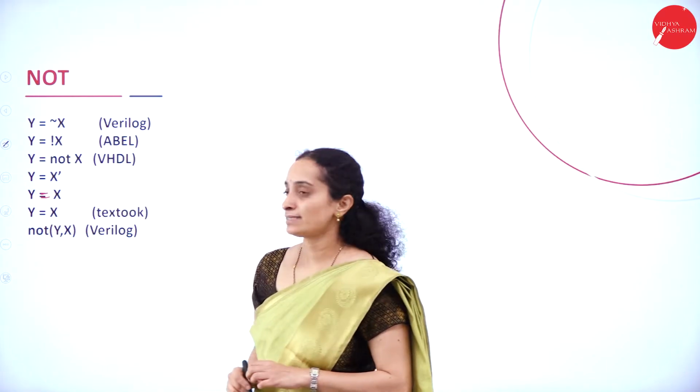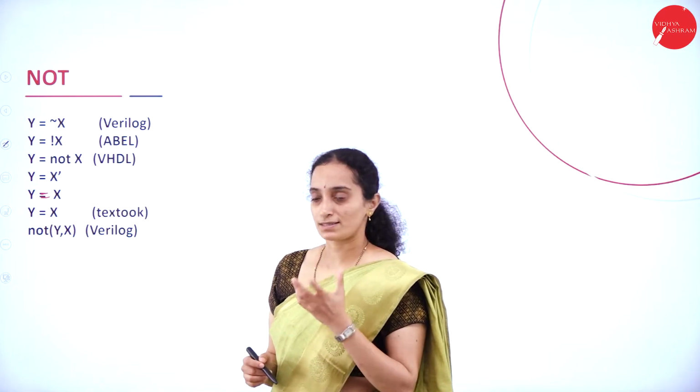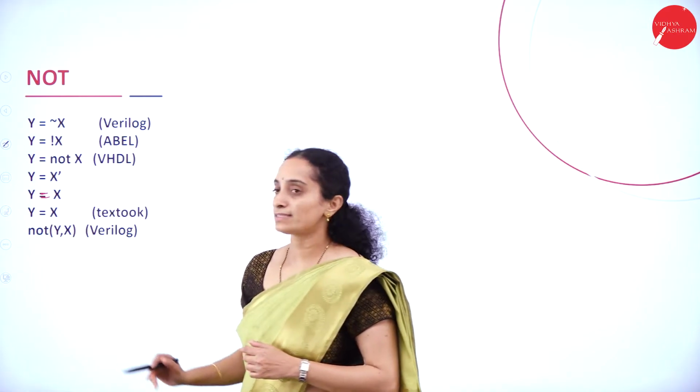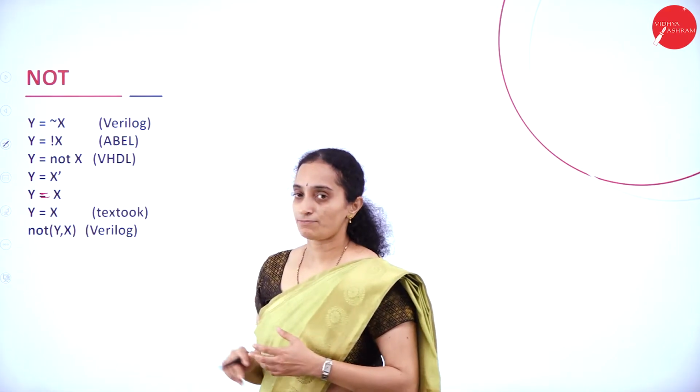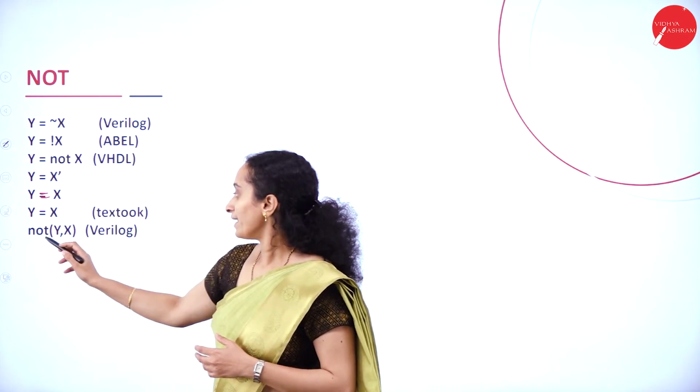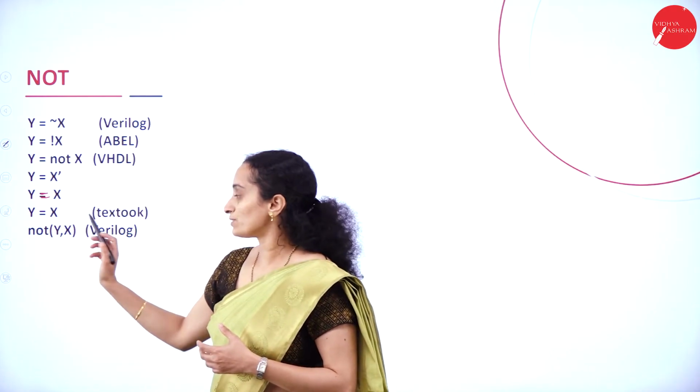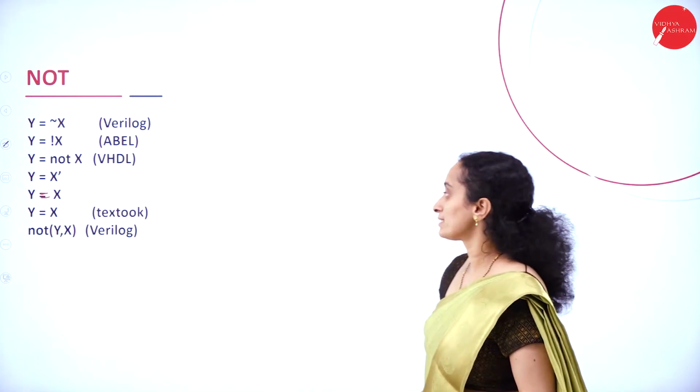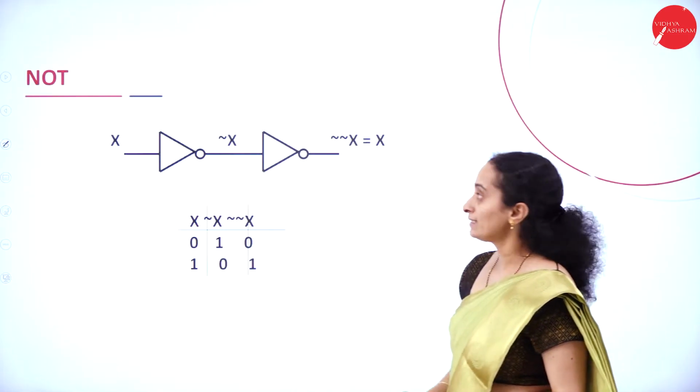So it is the complement, y equals x bar, usually used in the textbook. Then in an algebraic expression, you can use it as not of x. This is the NOT gate.